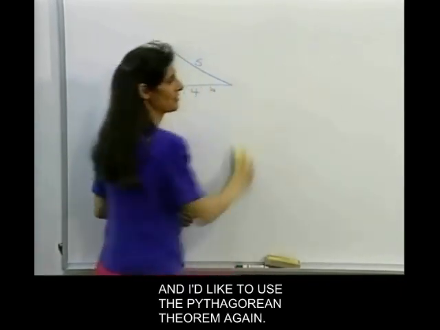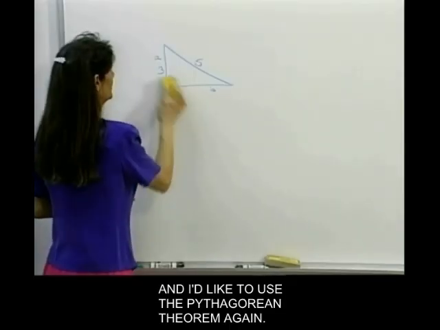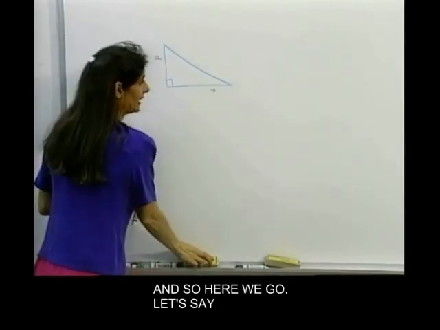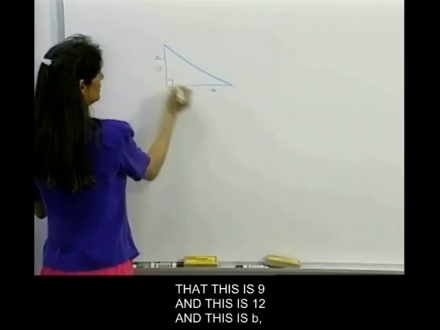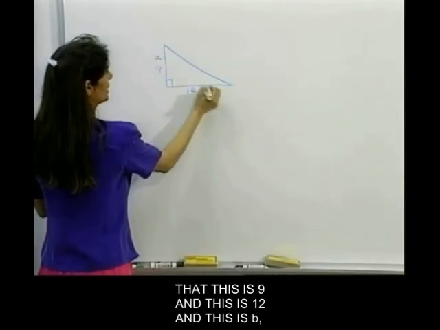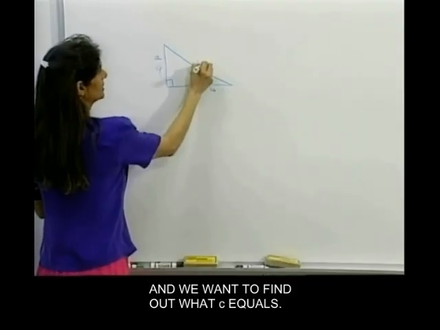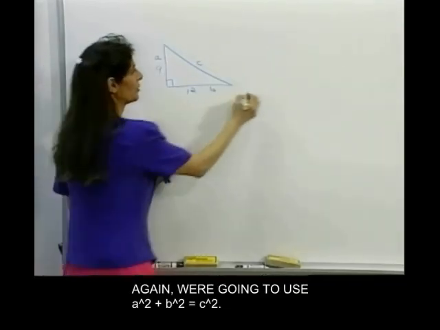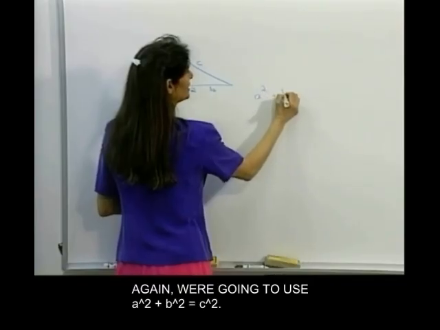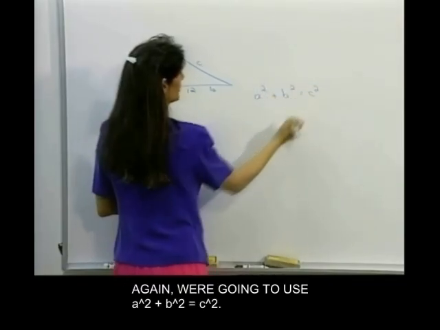So get ready. We have another problem to do. I'd like to use the Pythagorean Theorem again. And so here we go. Let's say that this is 9, and this is 12, and this is c, and we want to find out what c equals. Again, we're going to use a squared plus b squared equals c squared.